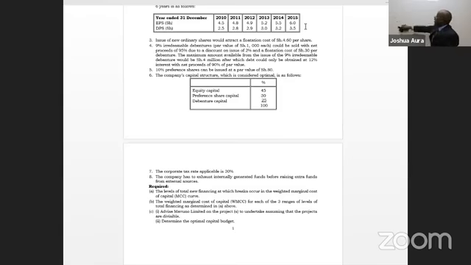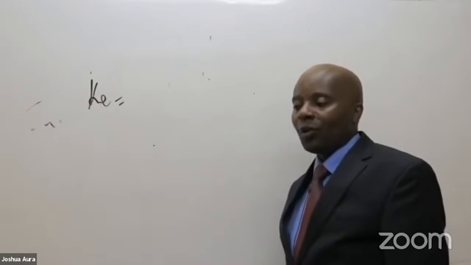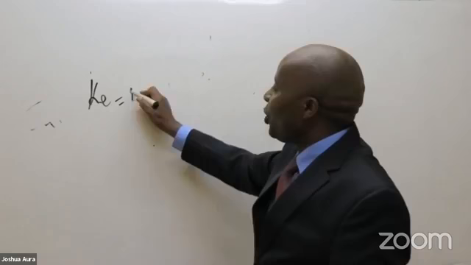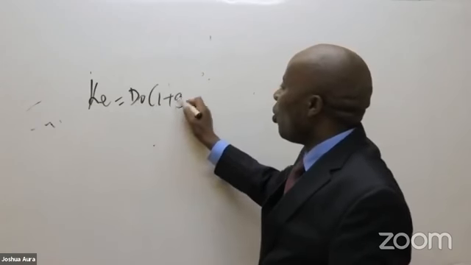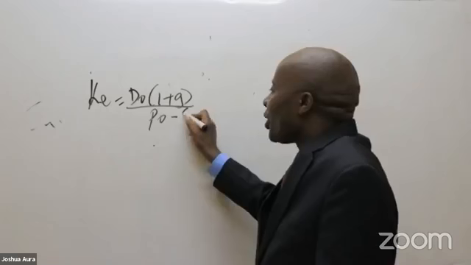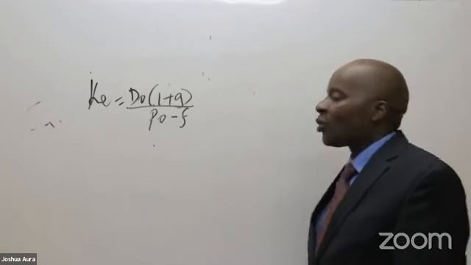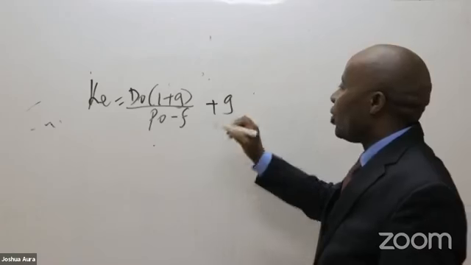KE, cost of equity, ladies and gentlemen, equals D0 into 1 plus g, all over P0. If there is any flotation cost, I'll be saying minus flotation. Plus g like that.